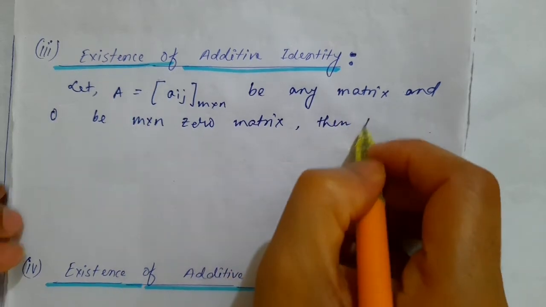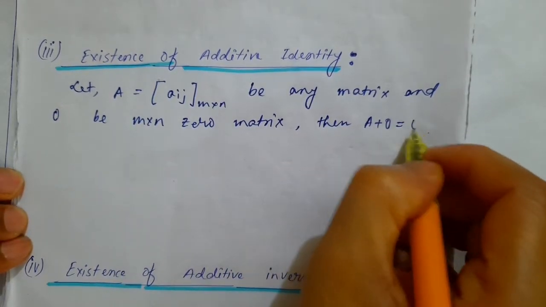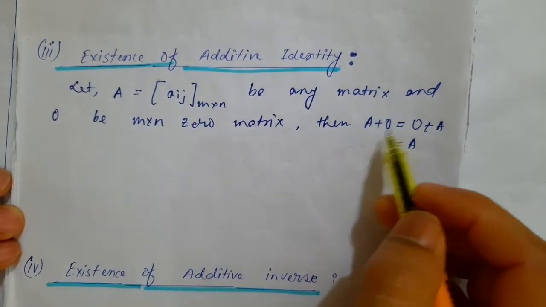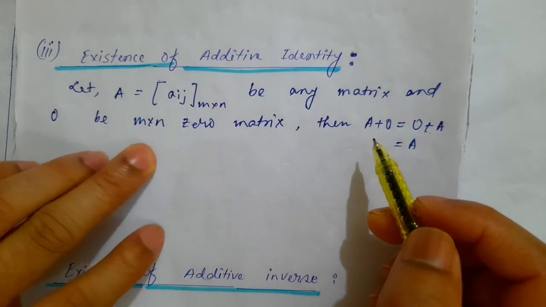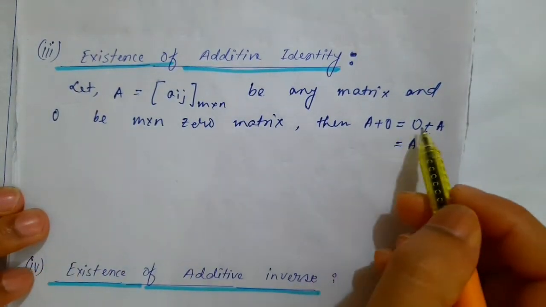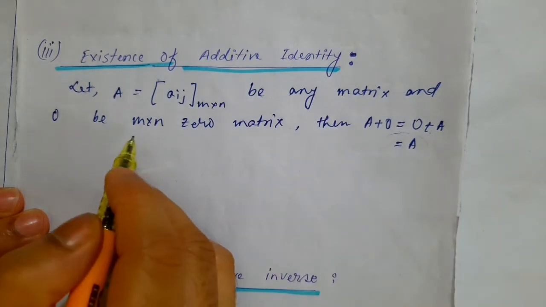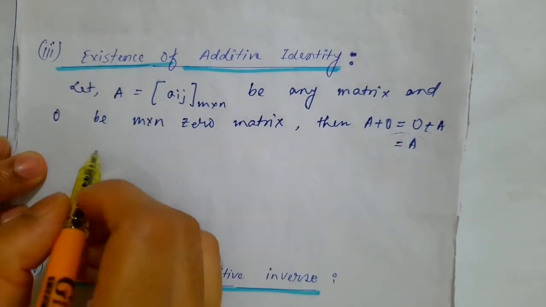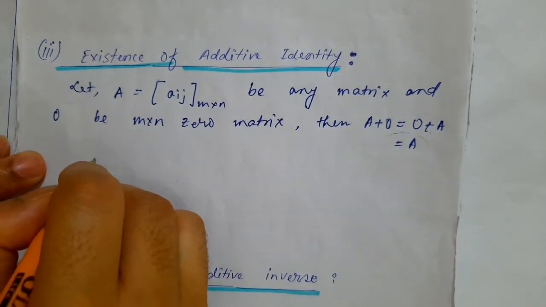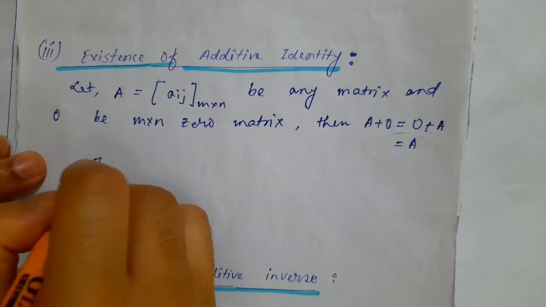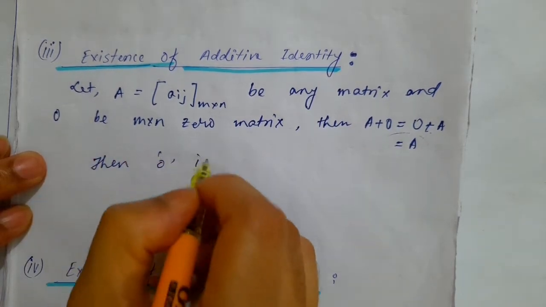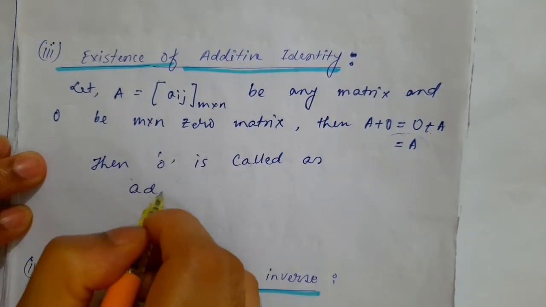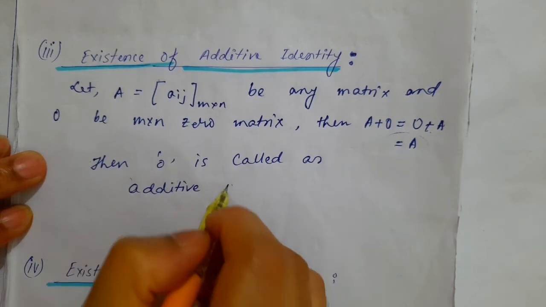Then A plus O equals O plus A, which is equal to A. Simply adding the zero elements, as it is of the same order m by l, you get the same A. Then O is called the additive identity.